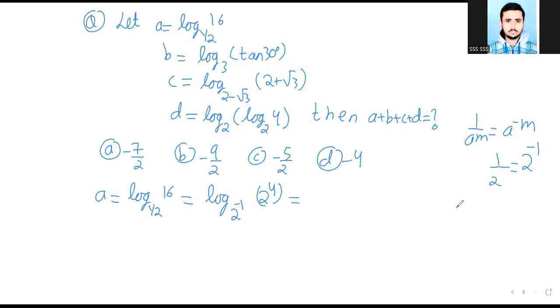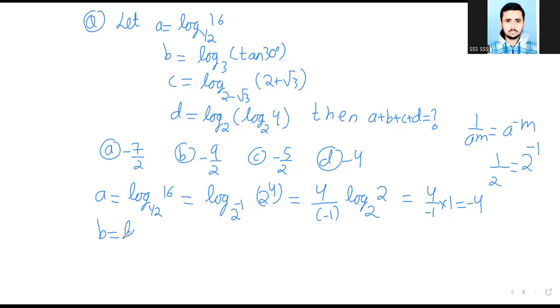So now let's convert the powers. The power in argument will get converted into multiplication. The power in base will get converted to division, and you get 4 upon minus 1 log 2 base 2. Now log 2 base 2 would be 1, and you get 4 upon minus 1 into 1 is equal to minus 4.